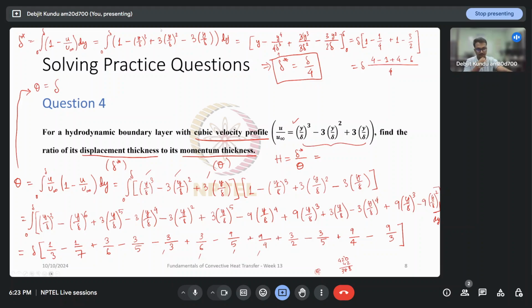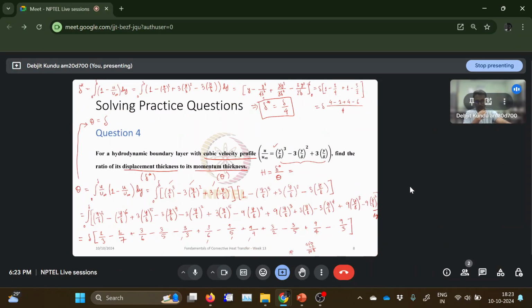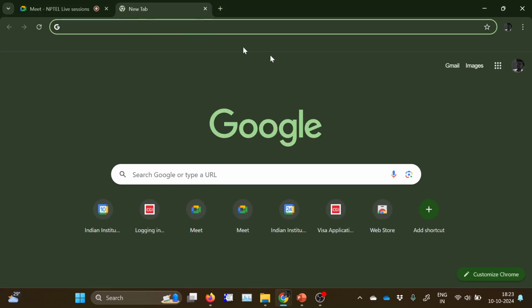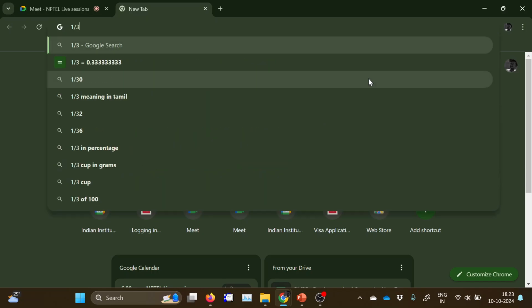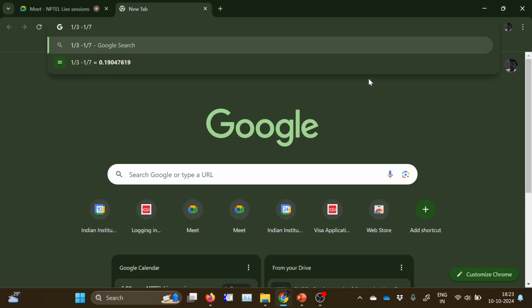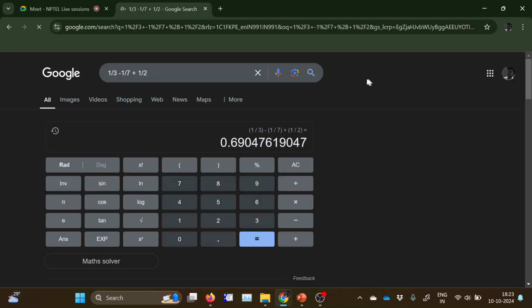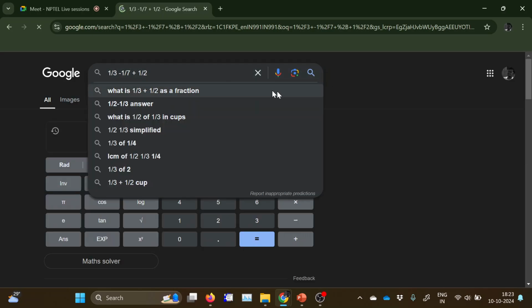So excuse me for this, I'm going to use some tool in order to do this. So I guess we can do this in Google. Wait. 1 by 3 minus 1 by 7 plus half. Let's see if this works or not. Yeah, it does work.